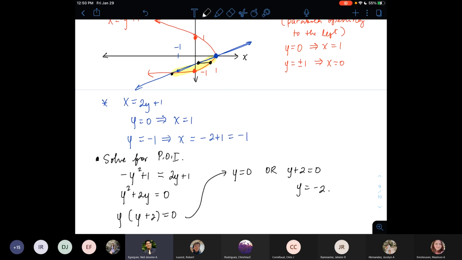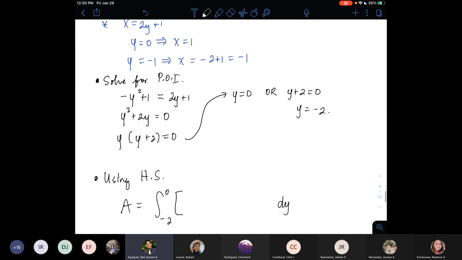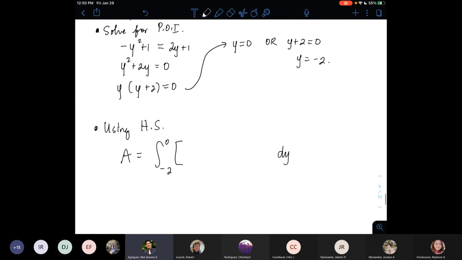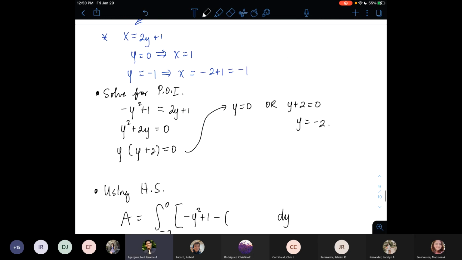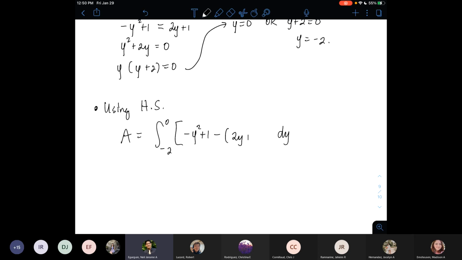The right function, or the function on the right, is the red graph, which is of the parabola. So that will be -y² plus 1 minus the left function, which is the blue one, which is the line 2y plus 1.